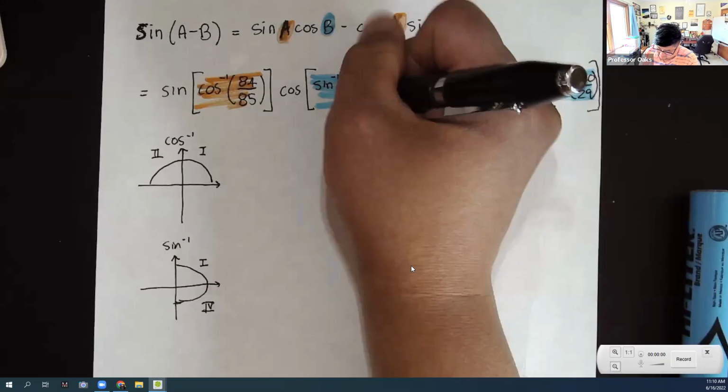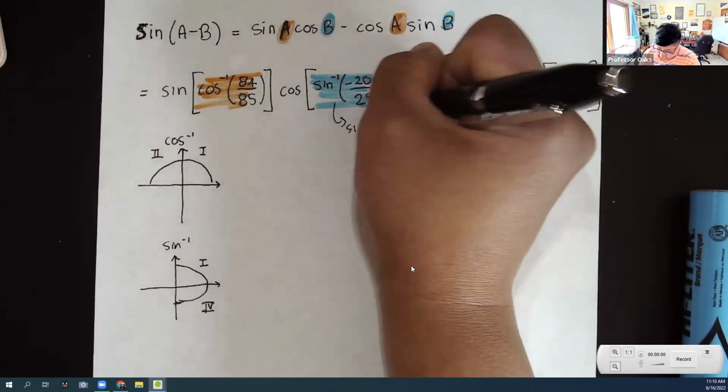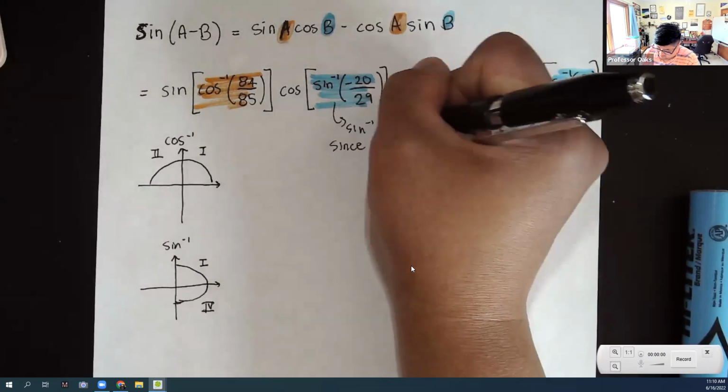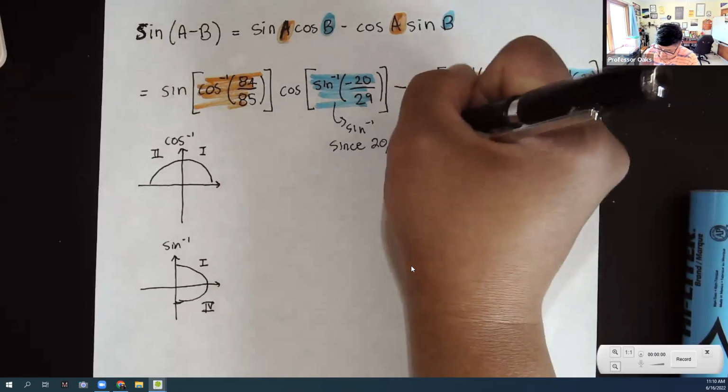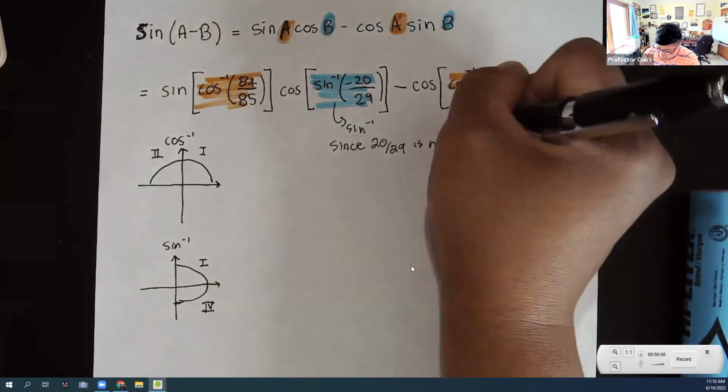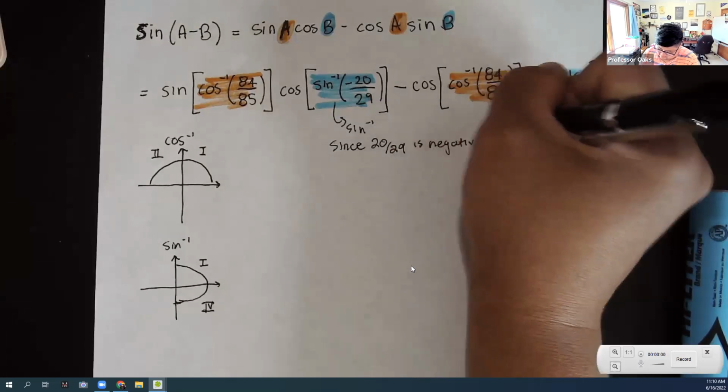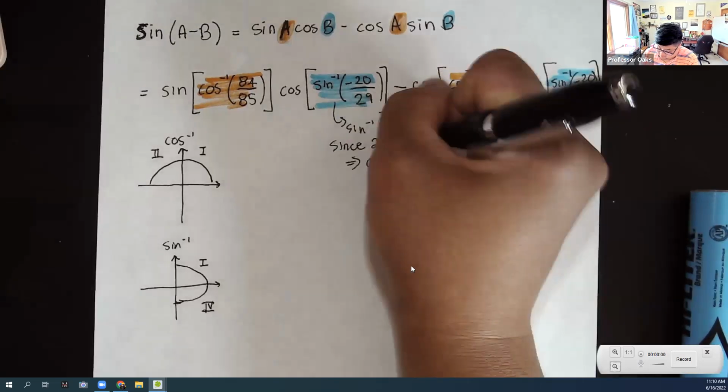So sine inverse, since the 20 over 29 is negative, then that means we're going to use quadrant four.